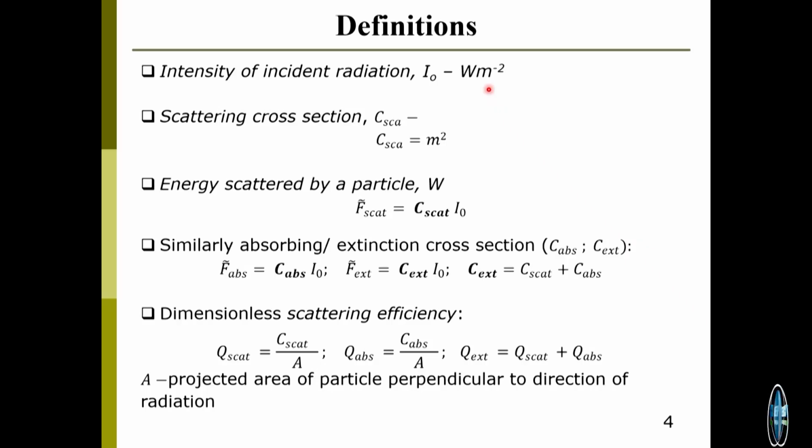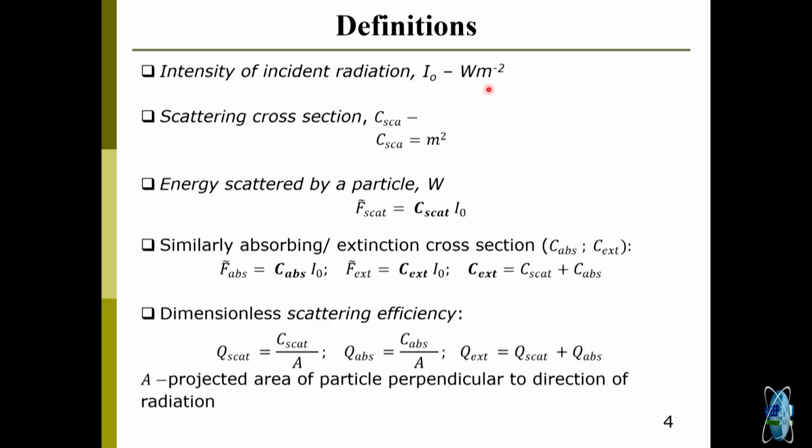So what this is saying is we have a scattering cross section, and this is also a field where if you start reading terminology, people may call it coefficient sometimes, etc. So to keep terminology extremely clear, a scattering cross section, absorbing cross section, extinction cross section will always have meter square units.